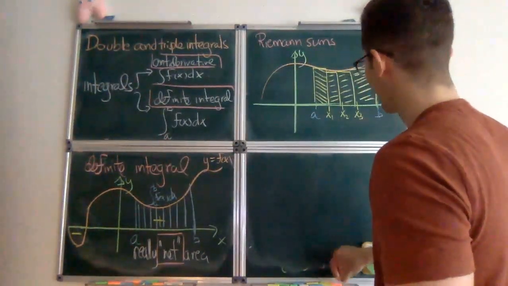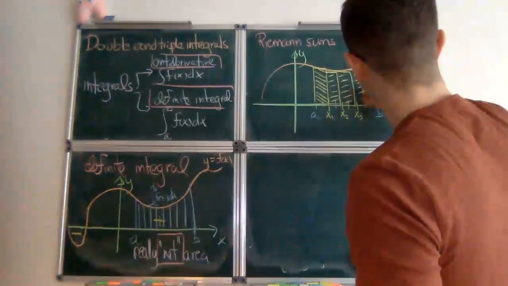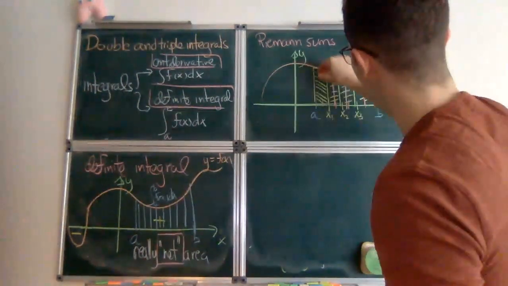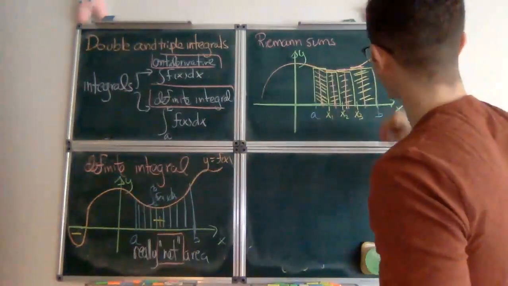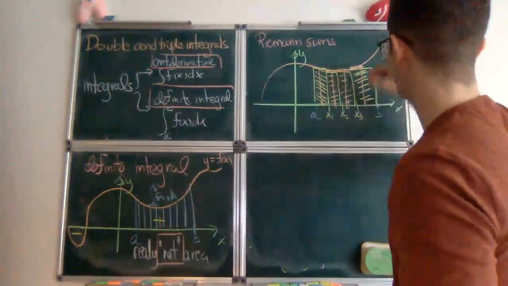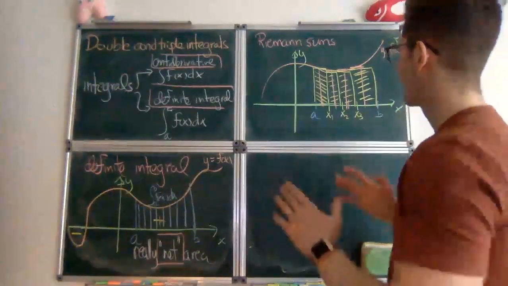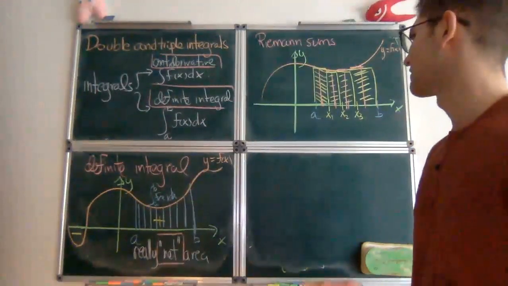So imagine now that I actually introduce more subdivisions. Then the area of the new rectangles combined will be a better approximation to the area you're actually interested in.